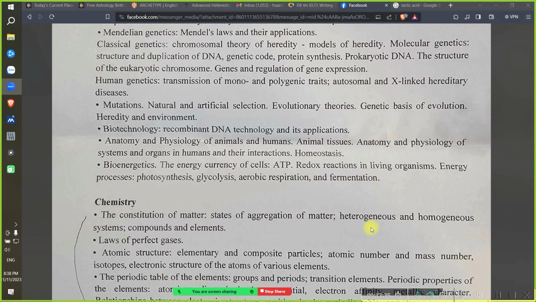So in glycolysis, glucose is converted into two molecules of pyruvate. And in this process, in the beginning we have two ADP, and at the end we have two ATP.